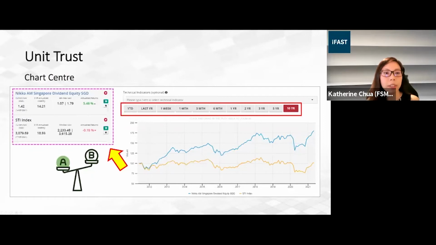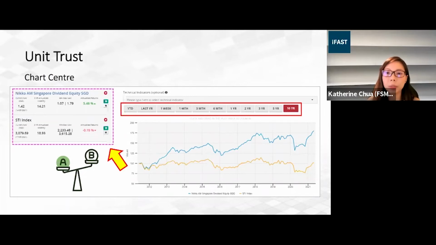Yeah, so another of the actionable buttons that you will see on the product landing page is this thing called the chart center. When you click on the chart center, it will allow you to compare the performance of fund A versus another fund B, and it also allows you to compare the difference in performance between the fund and a specific index that you want to know.